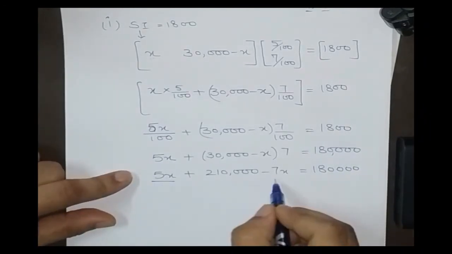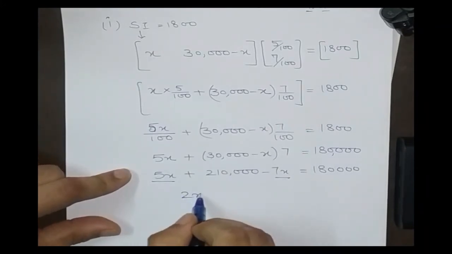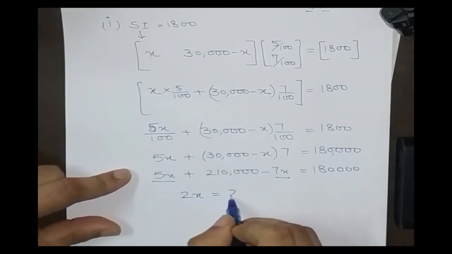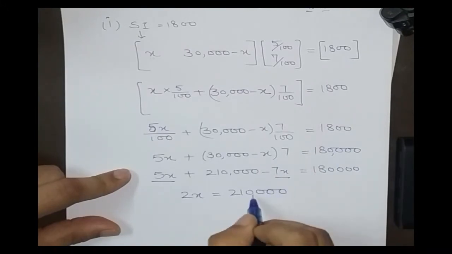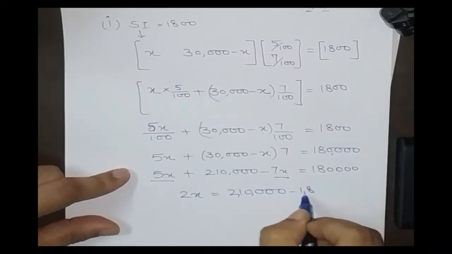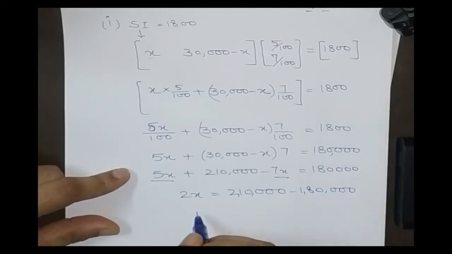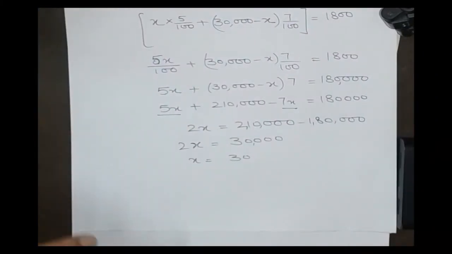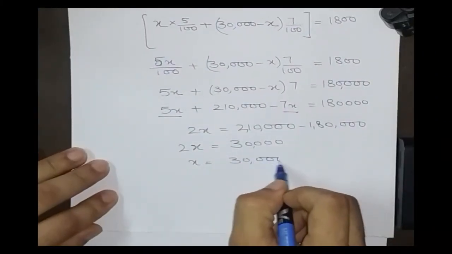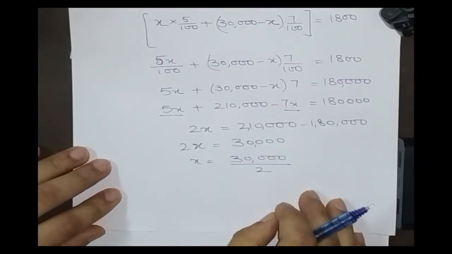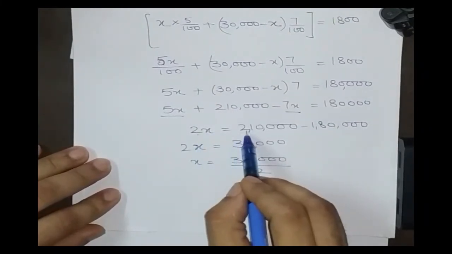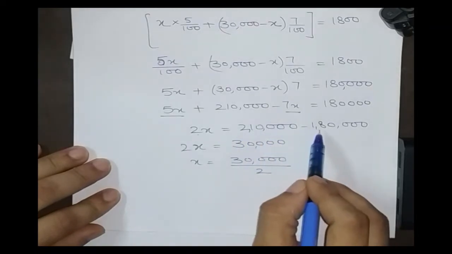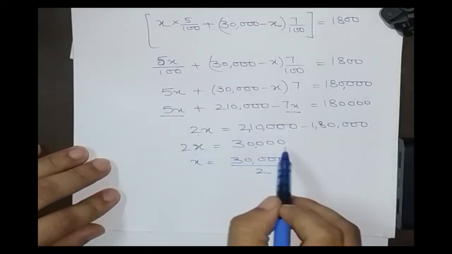Solving this, taking this and this, it becomes 2x is equal to 2,10,000 minus 1,80,000. 2x is equal to 30,000.